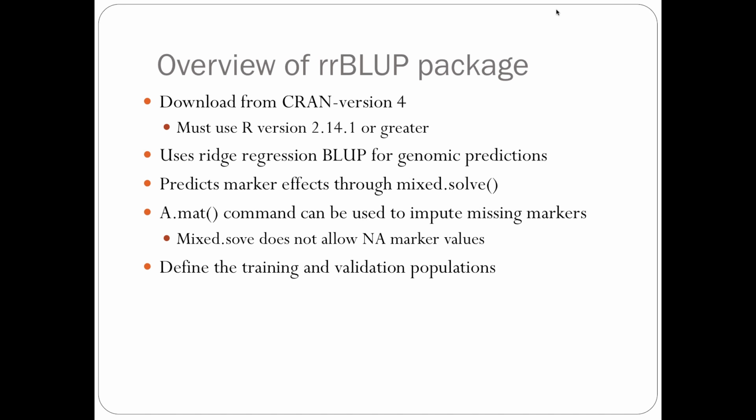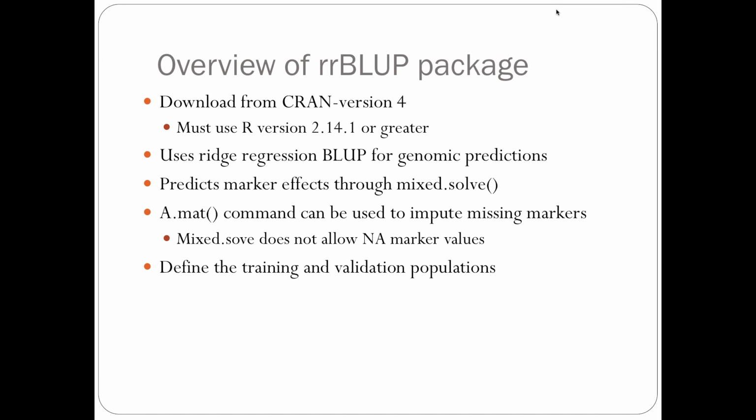So just a little overview of the ridge regression BLUP package. For the package to work, you must be using R version 2.14.1 or greater, and I recommend using the latest version of the package, which is version 4, which came out in September. For the code that I'm presenting today, you will need to use the version 4 package for the imputation, and must be using R version 2.14.1 or greater.